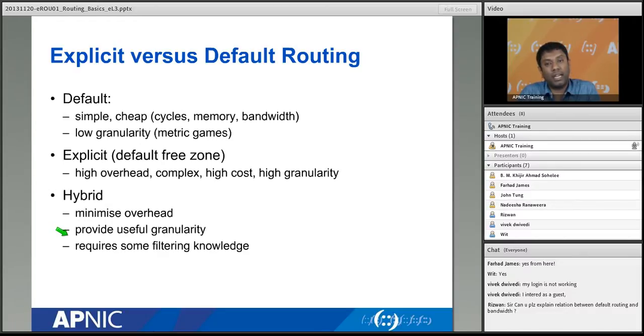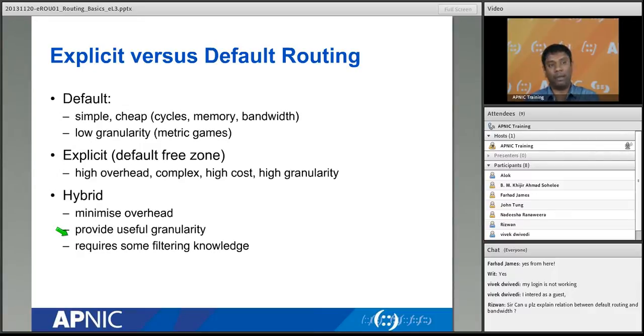But the downside of explicit routing is that it has high overhead. It's a bit complicated compared to default routing. You need expert people to manage the explicit routing on your routers. It has high management cost, and obviously it has high granularity, so you can do destination specific traffic engineering.